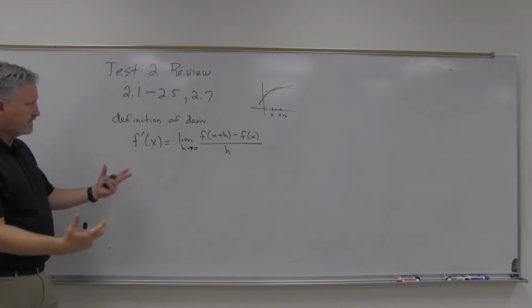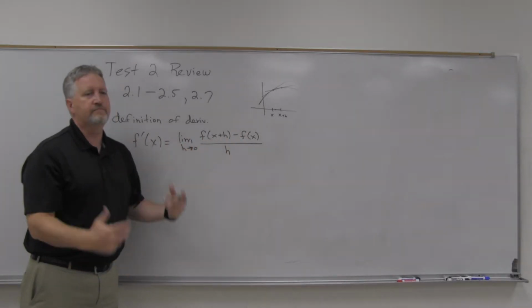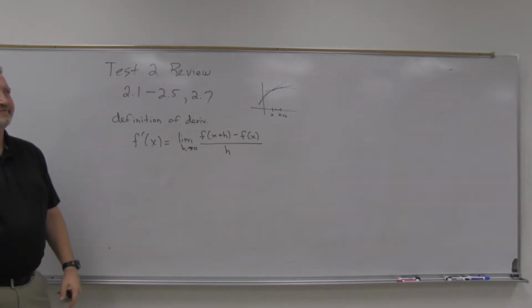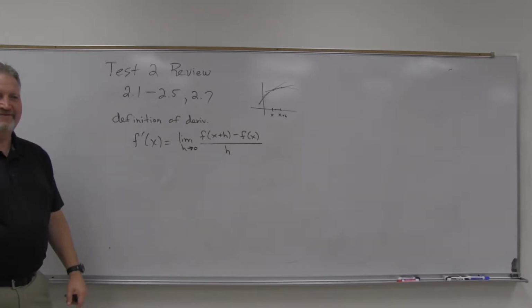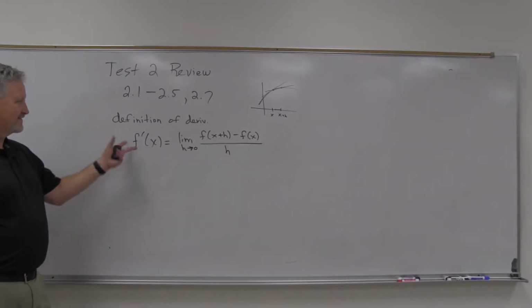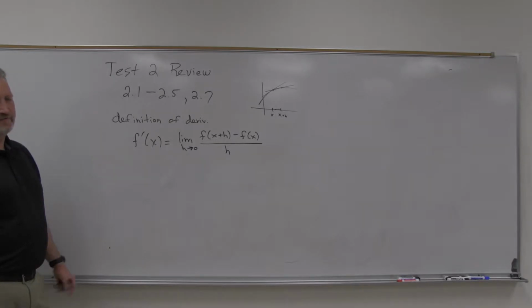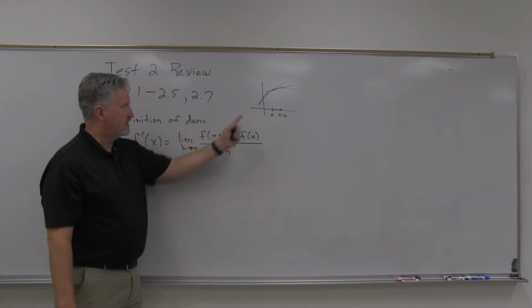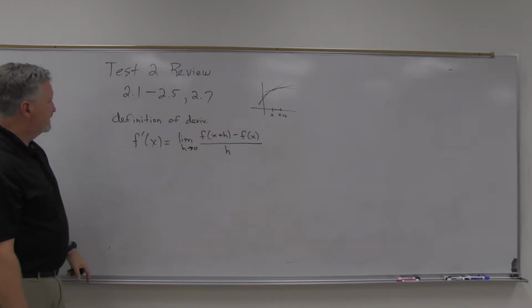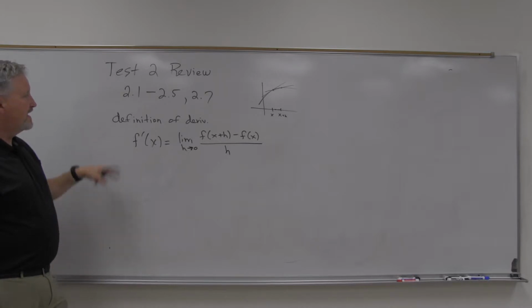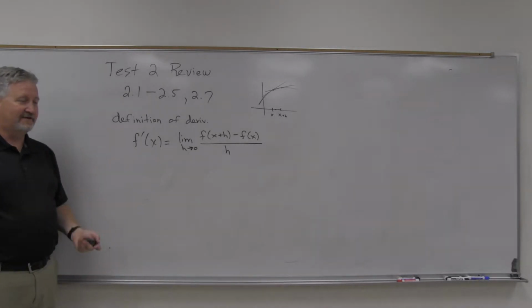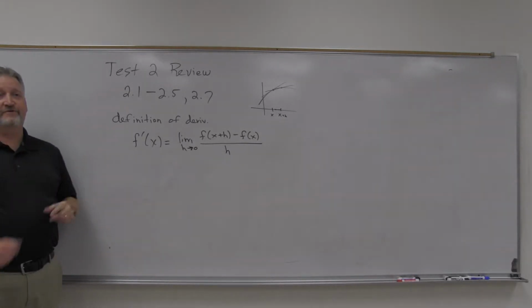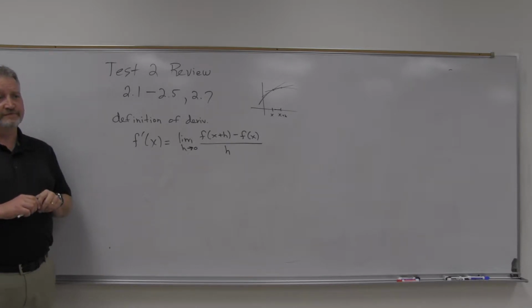It's the limit of those secant line slopes, which we did way back when we started. Now we're calling it the derivative because that's an important thing, and it emphasizes that this gives me the slope of that tangent line. For test purposes, you will have to do some of these with the definition of derivative.